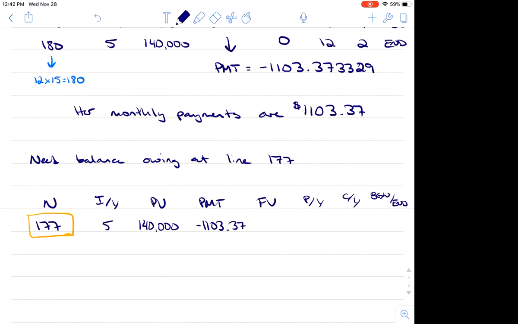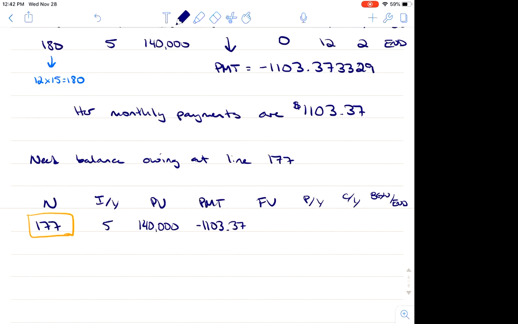How much would I have owing? That's going to be huge, right? You're not chipping away at what you owe; you're actually adding 1,100 every month to what you're owing. So that's why those pluses and minuses on your calculator make a huge difference.